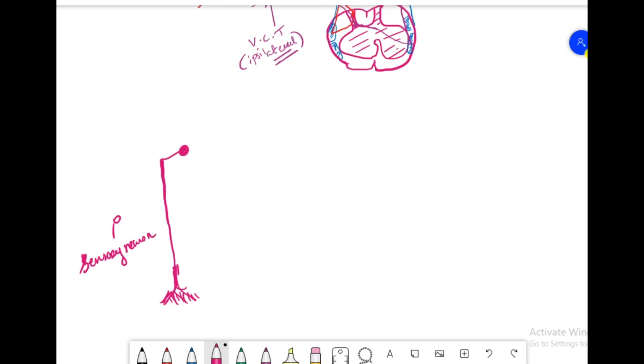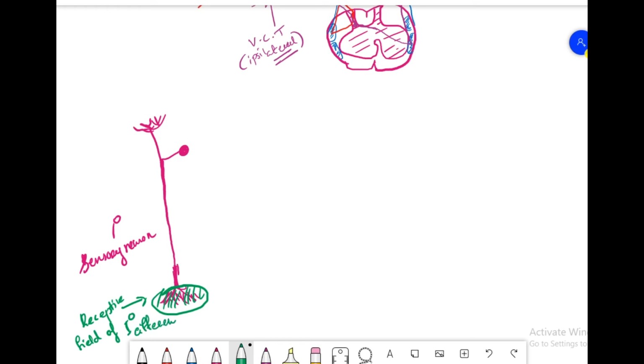Here I am drawing a neuron, the primary sensory neuron, with its cell body and dendrite, and this is the receptive field of that primary sensory neuron, the receptive field of the primary afferent neuron.